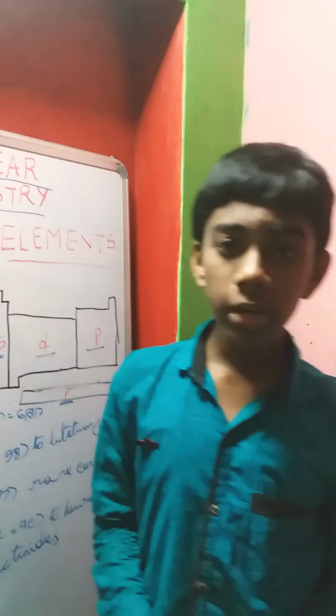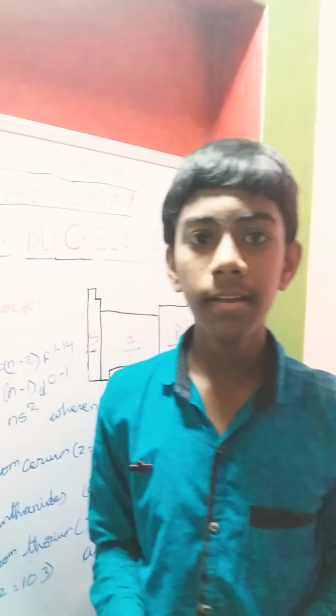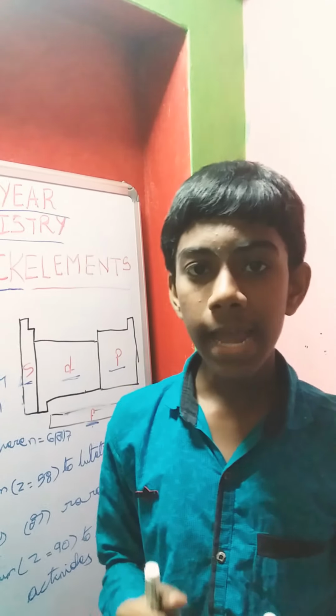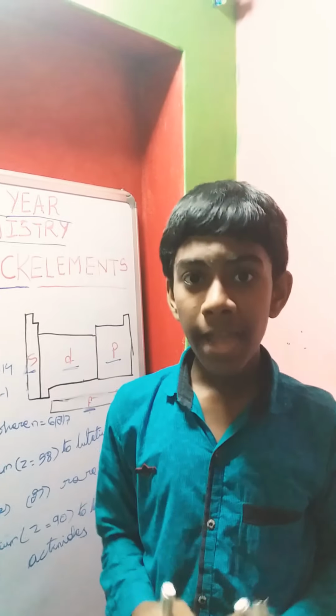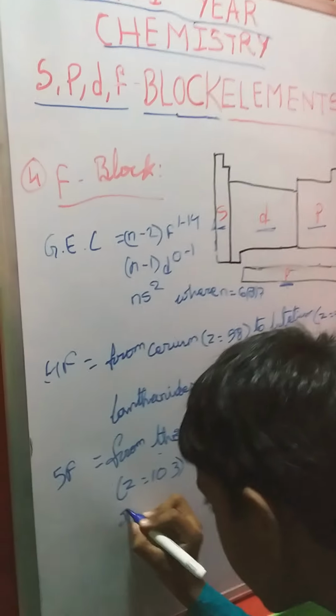Thorium and uranium are naturally occurring, and the remaining elements are man-made and all are radioactive elements.